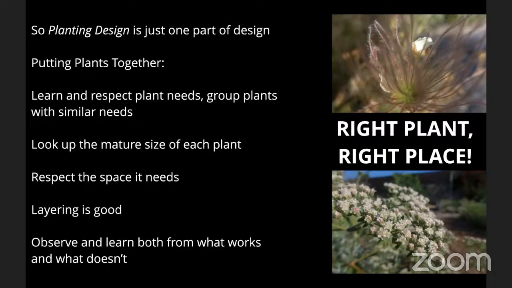Group plants with similar needs. That's sun, irrigation or soil moisture, the soils that it likes. Critical. Look up the mature size of each plant. Assume the plant is going to get that size, and it will often get that size somewhat quickly. So either leave that amount of open space directly around the plant, or if that's too large and you think it's going to take some time to grow in, put some other plants in there, but don't spend an arm and a leg, that are going to be sacrificial.